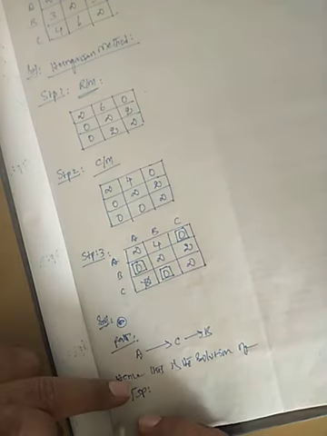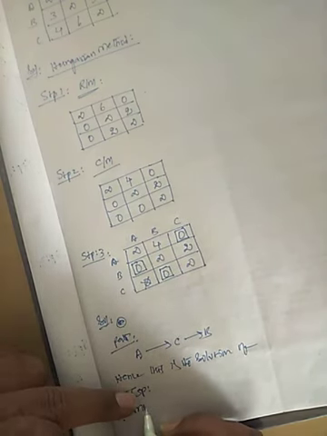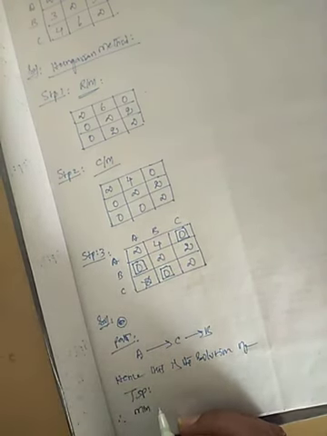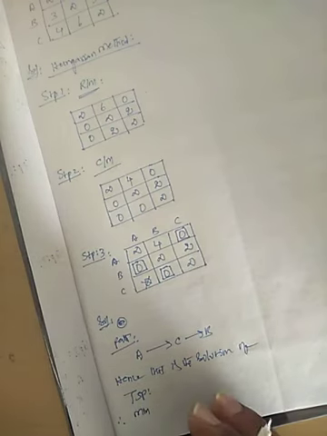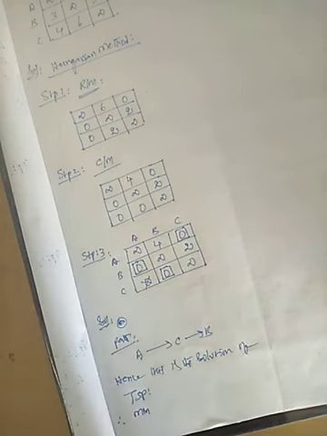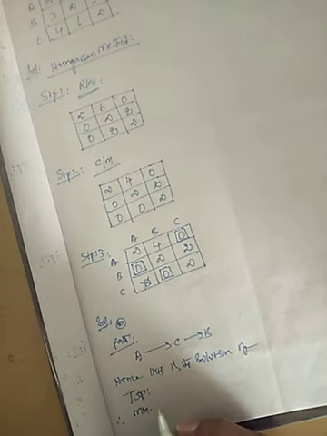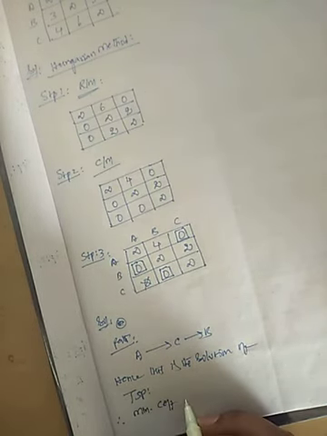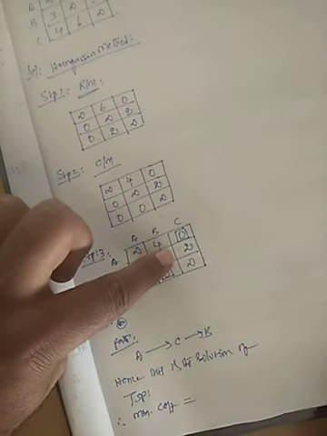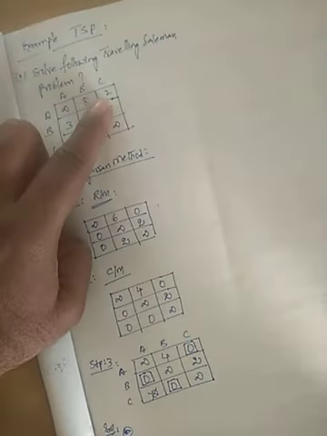Okay. Therefore, minimum cost is equal to, what are the original values of these parts from the problem?